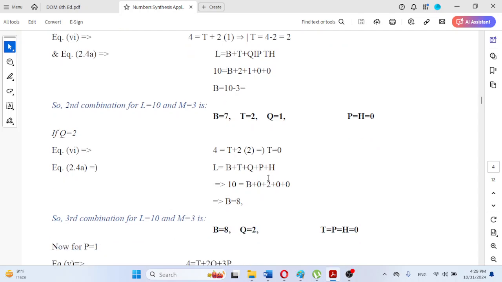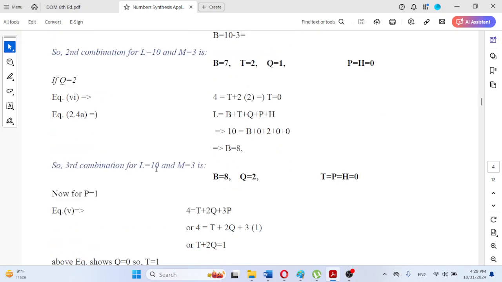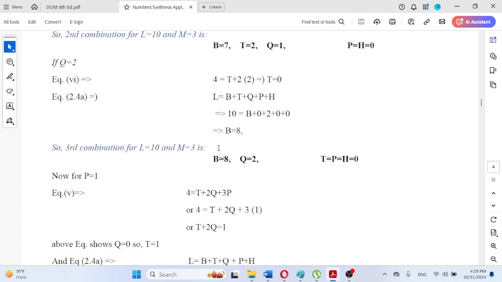So the other equation will be giving the binary link values, so T is equal to 0 and quaternary links are 2 and pentagonal and hexagonal are 0. So 10 minus 2 is equal to 8. So the third combination for L is equal to 10 and M is equal to 3 is 8 binary links, 2 quaternary links, and ternary, pentagonal and hexagonal links all are 0. So in this way the third combination has been obtained.